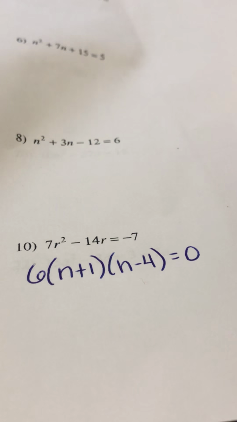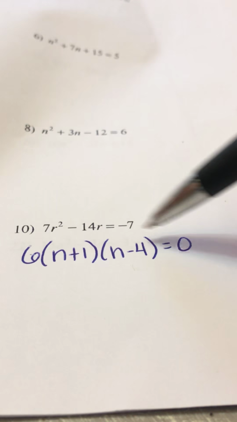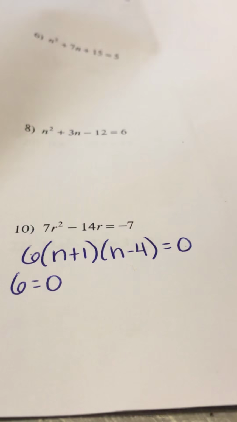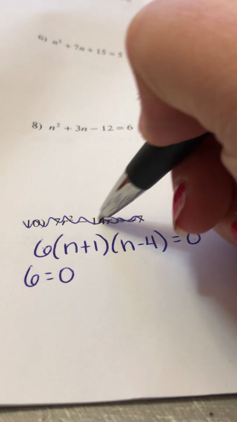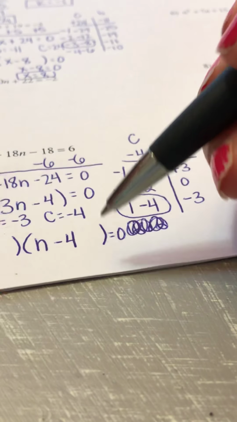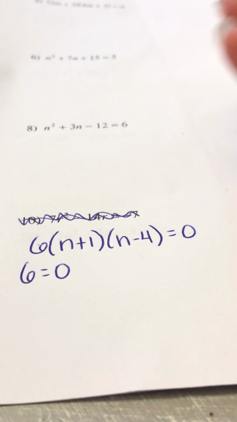So in order to find my n values, first thing you need to do is set your GCF equal to 0. 6 equals 0. Does 6 equal 0? Absolutely not. This is not for number 10. This is a continuation of number 9. I just ran out of room on my paper. Does 6 equal 0?